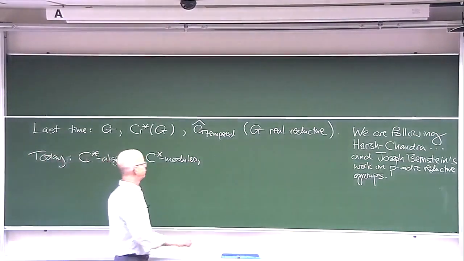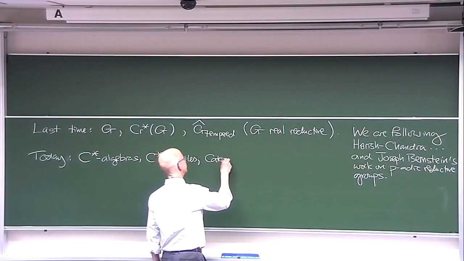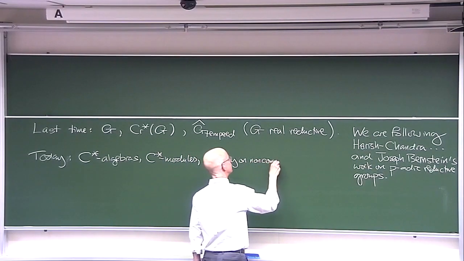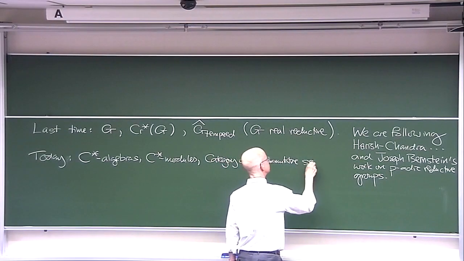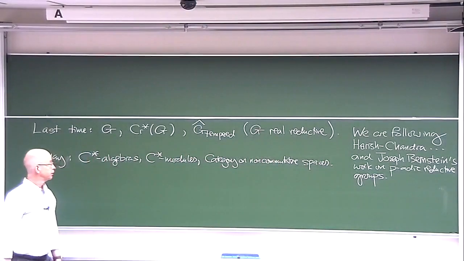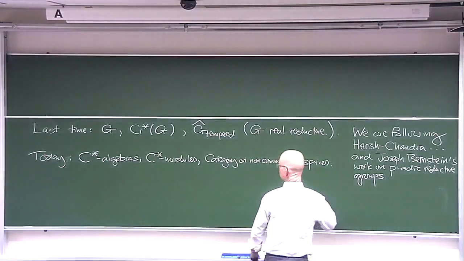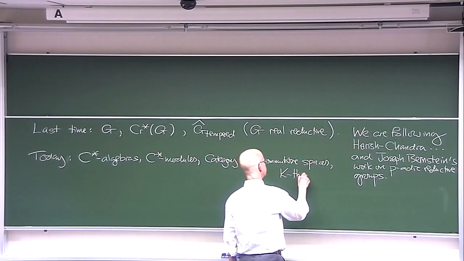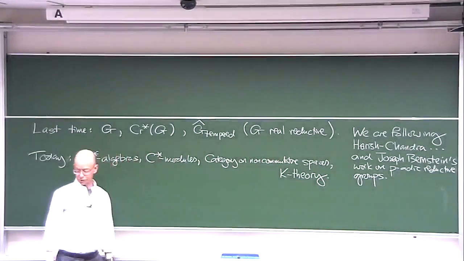And I want to construct, just for fun, a category of non-commutative, I'm calling it this funny name, topological spaces. Okay. So a lot of C-star algebra stuff. And one more thing, I should suddenly add this to the list because it's kind of important. Say something about K-theory. K-theory organizes these C-star modules into an abelian group.